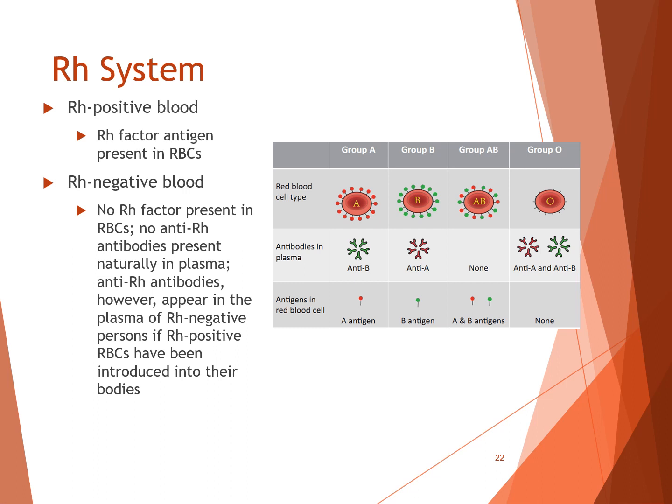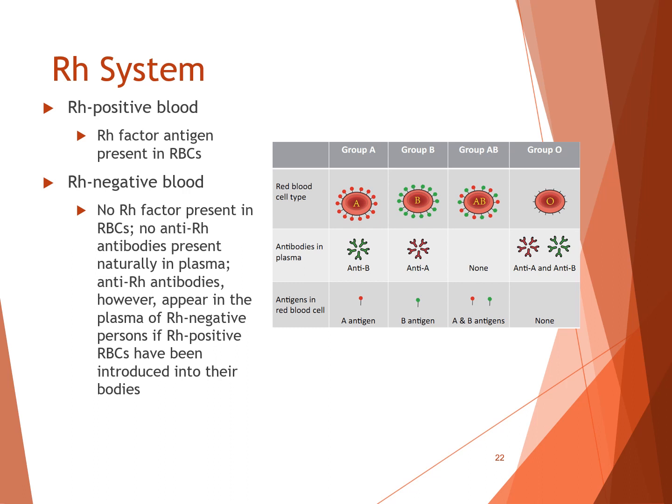Remember, the antibody is the thing that's going to attack what appears to be a foreign invader, and that's that positive antigen. So it's not as crucial with the first pregnancy, but once there is that pregnancy with that Rh positive factor, the second baby could be at risk of developing something called erythroblastosis fetalis, and we'll talk about that in a little more detail on the next slide.